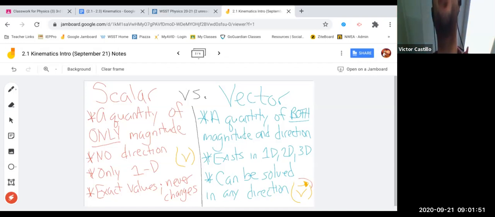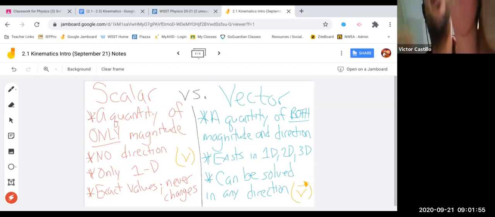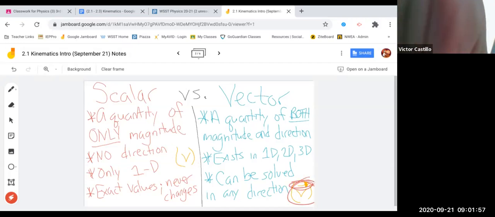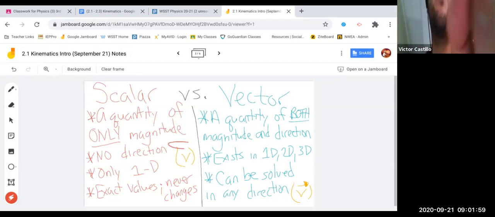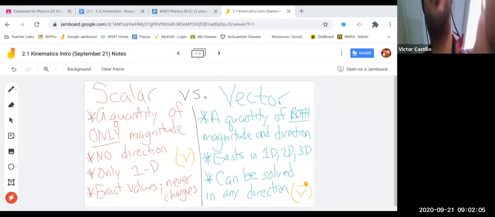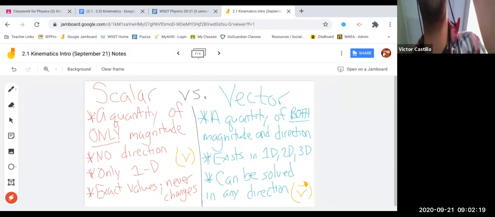And that arrow tells you that it's going a specific direction. If it has an arrow on top, it's a vector. If it doesn't have an arrow on top, it's a scalar. A couple more seconds to write that down, and we'll move to the next one. These notes will be posted later on, so no need to worry if you haven't copied it down yet.